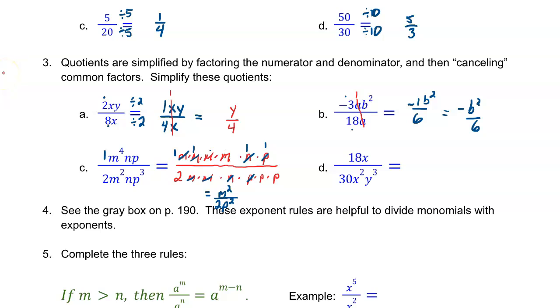Question D. Let's reduce this fraction. Start with the 18 over 30. You can divide them both by 6 or use the calculator, but you'll get a 3 on top, and in the bottom, the 5. Now the top has an x in it, the bottom has x times y times y times y.